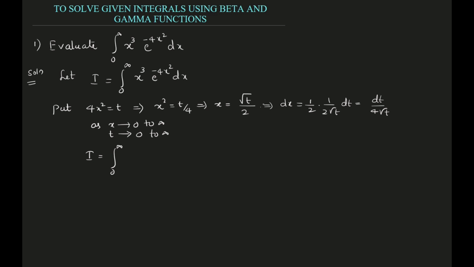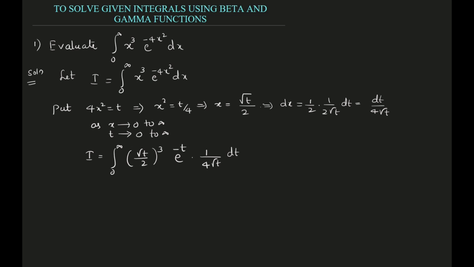What is x? x is root t by 2. So in place of x, root t by 2 to the power 3. Then e raised to minus 4x square. Minus 4x square is minus t, into dx. dx is what? 1 by 4 root t into dt.